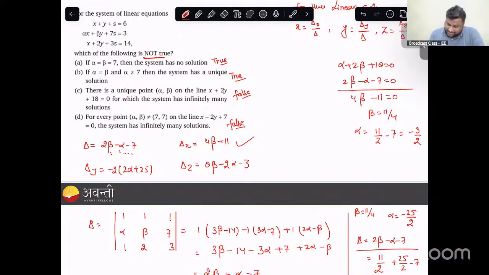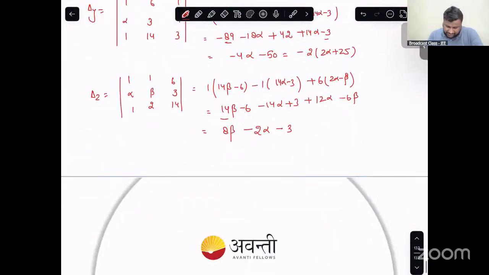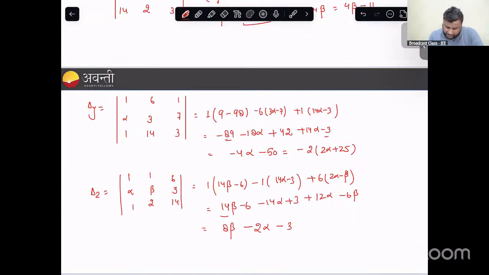At those alpha, beta, if I see delta y, there's a problem with this delta y. Delta y is 1 times 9 minus 98 minus 6 times 3 alpha minus 7, 1 times 14 alpha minus 3. So 9 minus 98 minus 89 minus 18 alpha plus 42 plus 14 alpha minus 3.